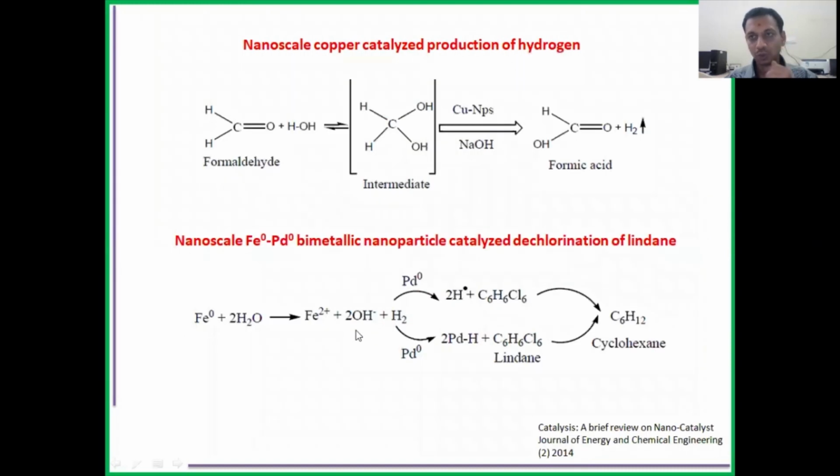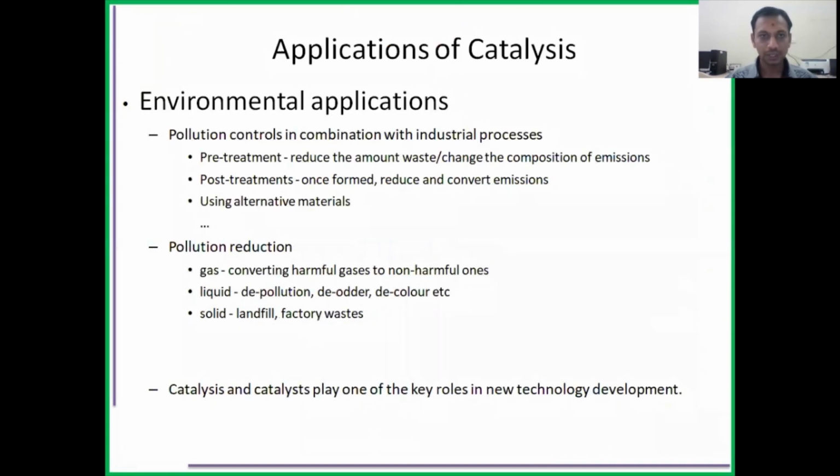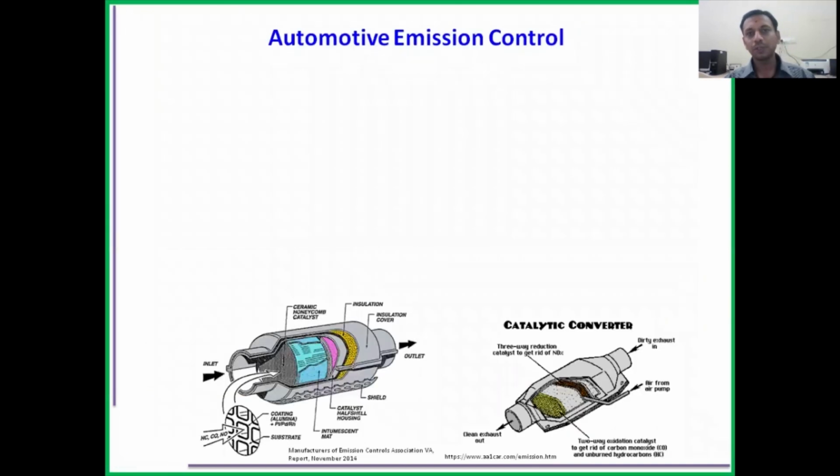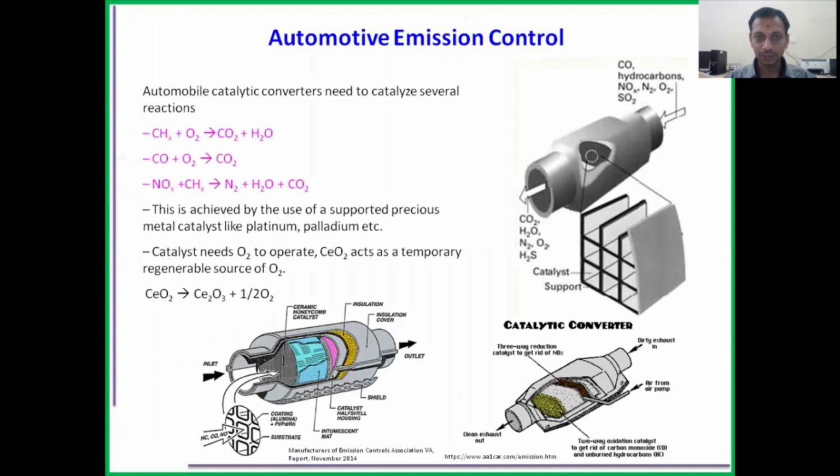Because of shortage of time, I have to go a little bit faster, and let's see now automotive emission control. Automotive emission control is a very good application in the catalyst field. By using this type of catalyst, like palladium, we can do very good reactions of different hydrocarbons, carbon monoxide, and nitrogen oxides.